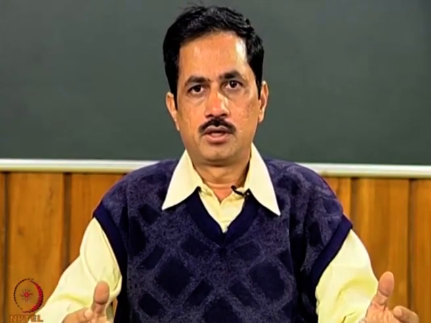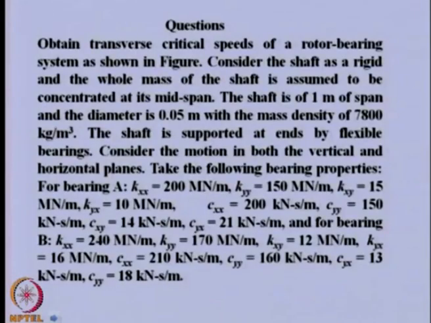Now, this particular problem of a rotor supported on anisotropic bearings, we will see through one numerical example how this unbalanced response can be obtained for various speeds. For this, I have taken one problem in which we are obviously interested in the transverse critical speed for a rotor bearing system, which has a rigid shaft supported on 2 anisotropic bearings.